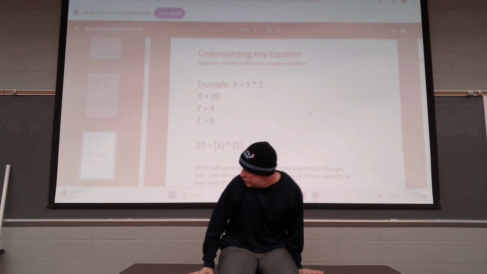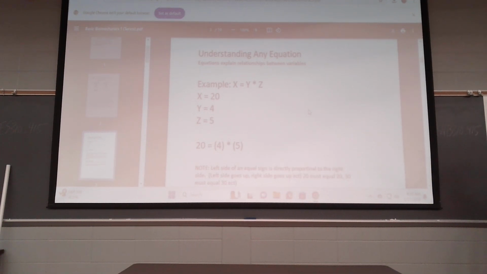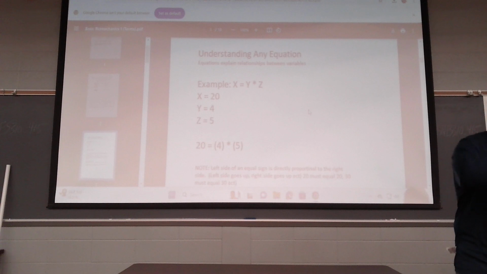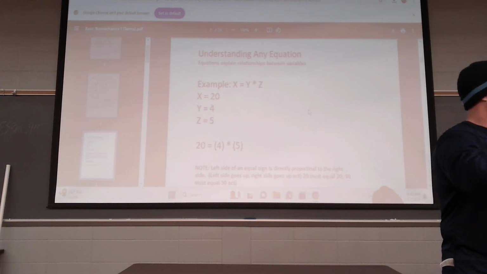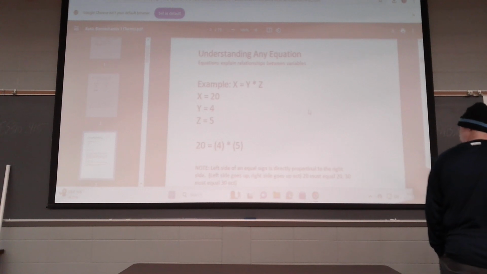You can solve anything with a calculator, but that doesn't mean you understand what's happening, right? Underneath, when you open up the hood, we need to know how different pieces are affecting other pieces. So that's what it's mostly about.